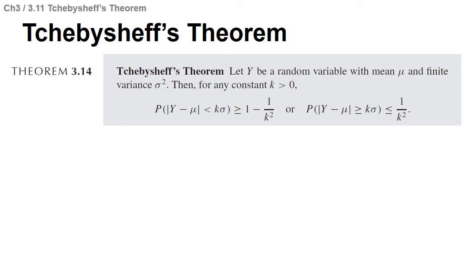Okay, chapter 3.11 is about Chebyshev's theorem. Chebyshev's theorem says: let y be a random variable with mean mu and finite variance sigma squared.